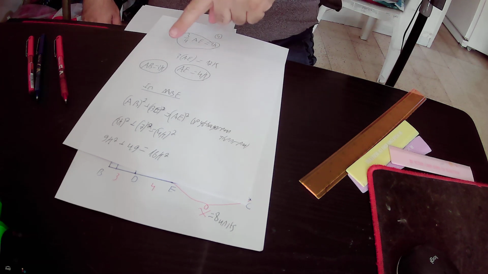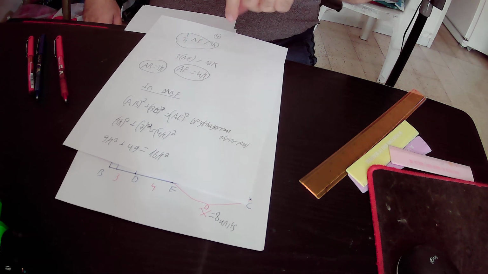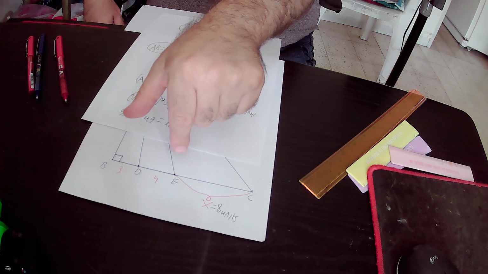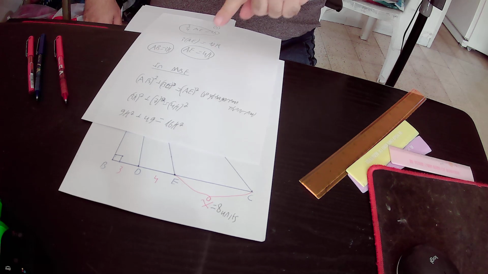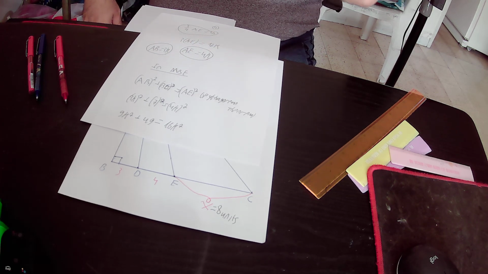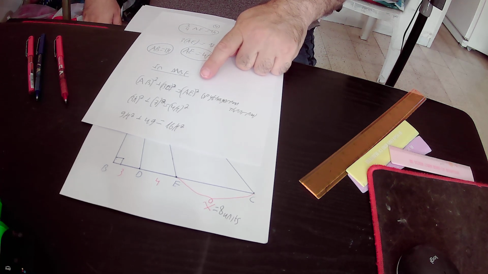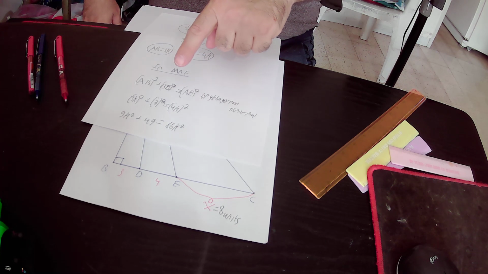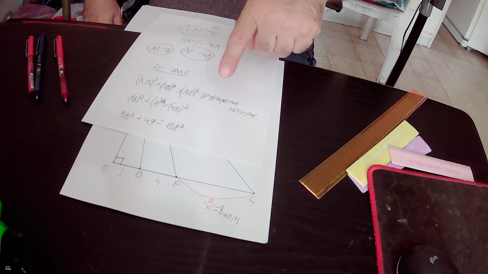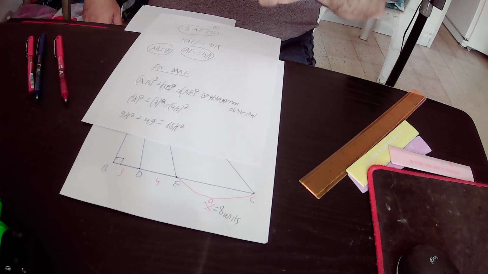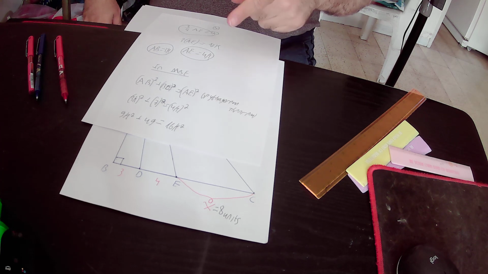We know that AB equals 3K, BE equals 3 plus 4, that is 7, and AE equals 4K. So we got this equality: 3K square plus 7 square equals 4K square, and 3K square is 9K square, 7 square is 49, 4K square is 16K square.